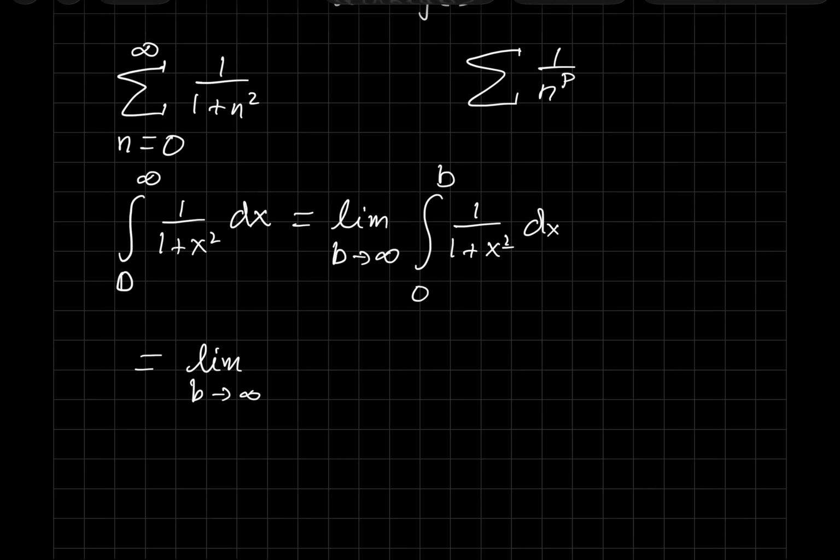Well, the antiderivative is the arctan, or inverse tan, of x. And if I plug in b, quote unquote, equals infinity, I get the arctan of infinity, which is pi over 2, minus the arctan of 0, which is 0, which of course is a finite number.